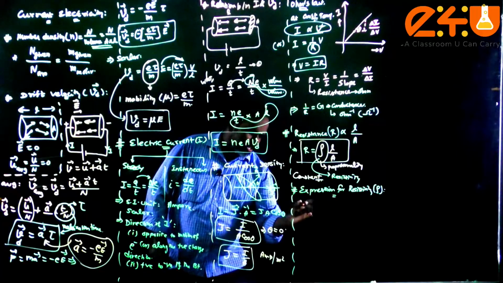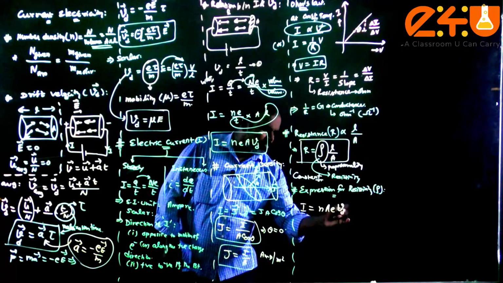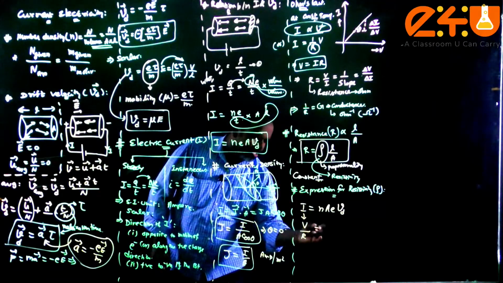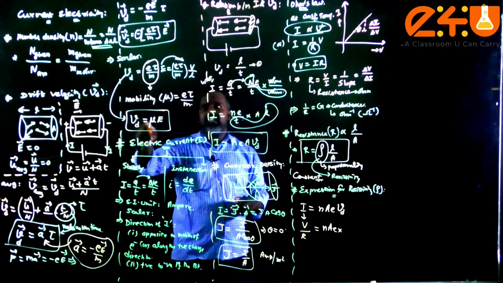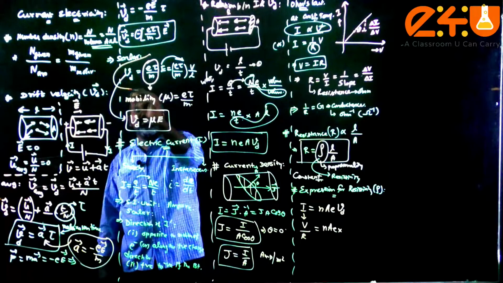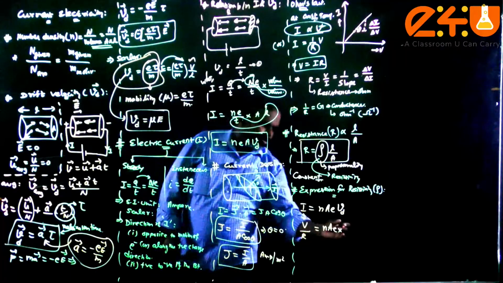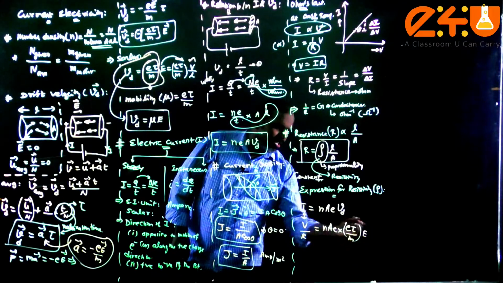We know that I is equal to NAe into vd. This I is nothing but voltage by resistance, that is equal to NAe. Already we derived the drift velocity in scalar form, so this is the drift velocity in scalar form. Therefore I can write e tau by m into electric field.